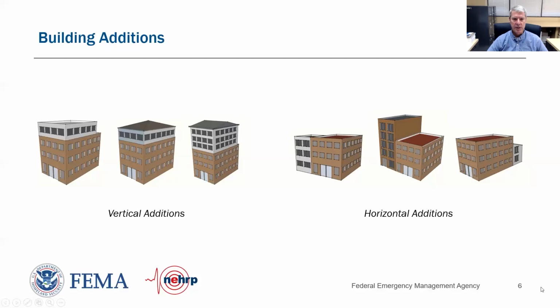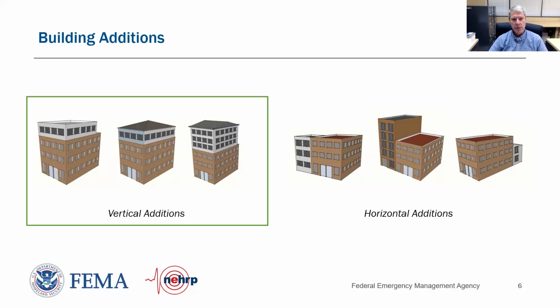So building additions, this becomes challenging for many buildings, where we have some sketches here of buildings that are reflective of vertical additions. We can have a building that was originally constructed of several floors, and then sometime in the future they've designed and constructed another level or floors above that level.